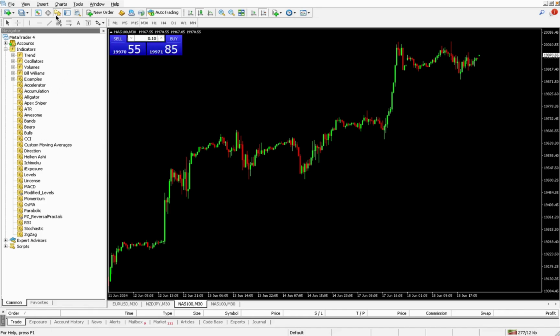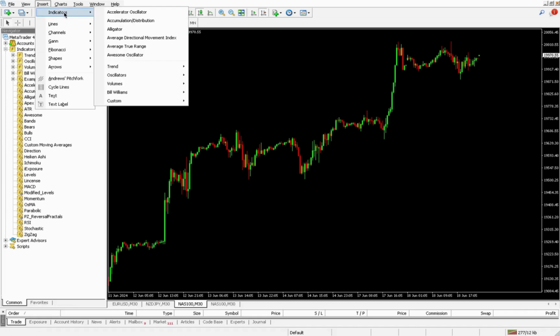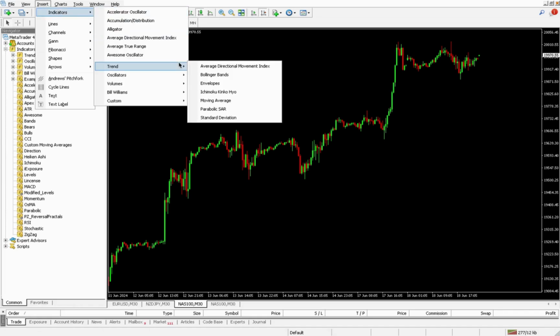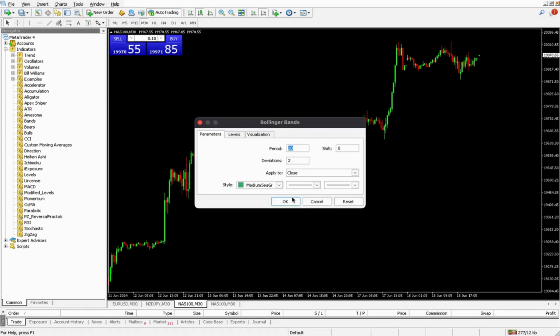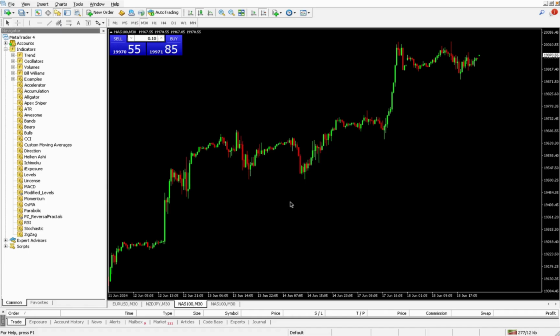In this case, we are going to load a default indicator called the Bollinger Band. Not completely sure about the pronunciation, but it's either the Bollinger Band or the Bollinger Band. And also for this one, just leave it at default settings, right?